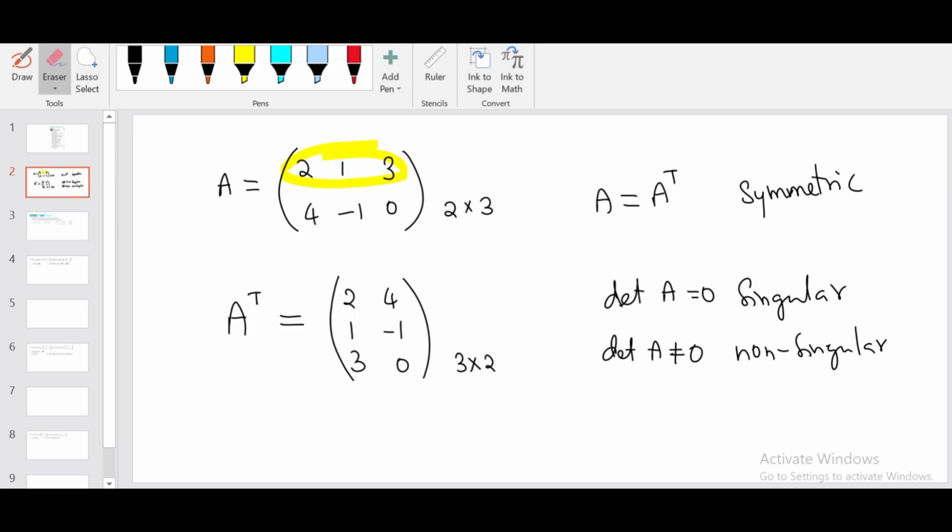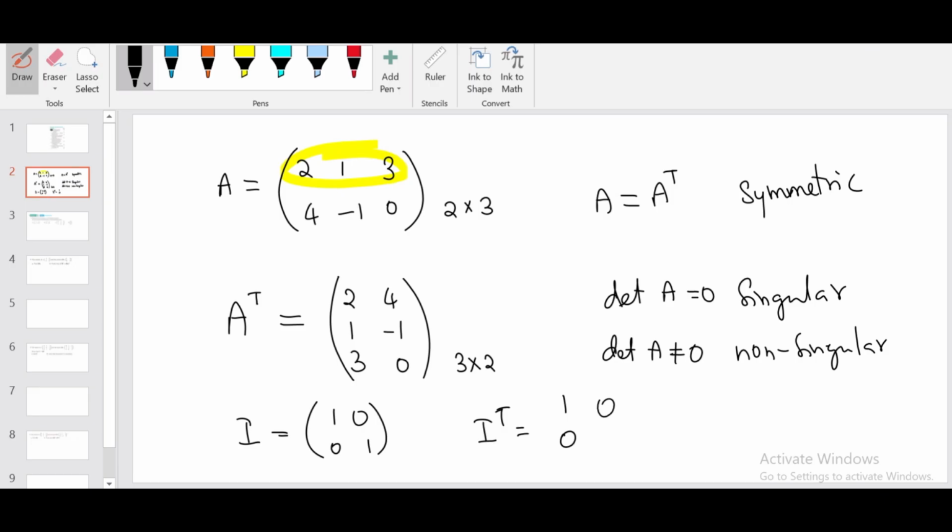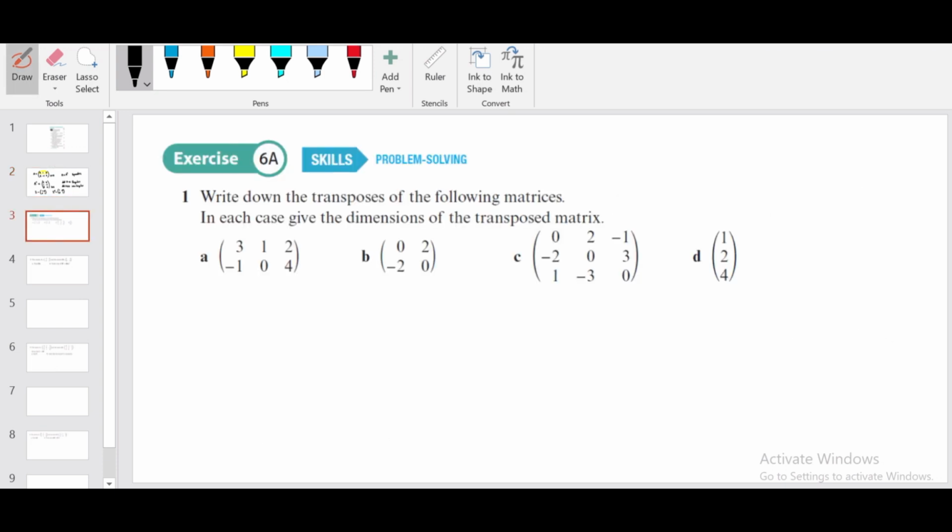The easiest example is if you take identity matrix 1 0 0 1, and if you find the transpose of it, take the first row, write it as first column, second row as second column. It's the same, right? That's one of the easiest example of symmetric matrix. So this is what transpose of a matrix.